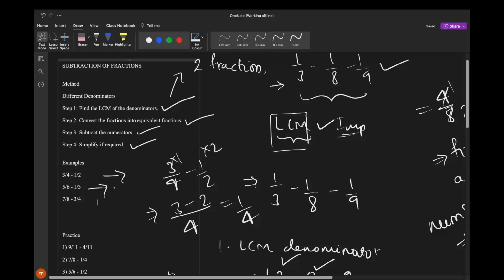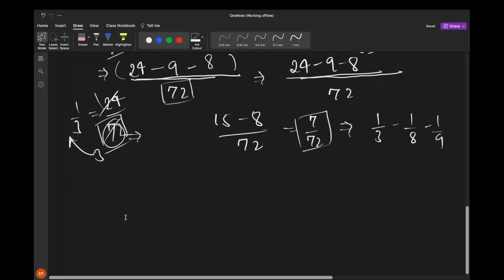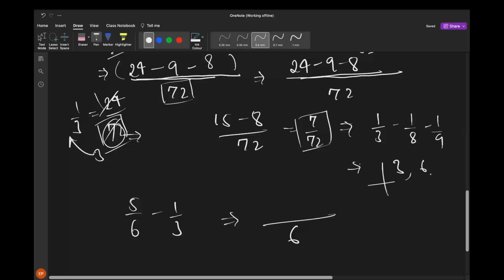And let me solve 5 by 6 minus 1 by 3. First we have to find the LCM, right? The LCM of 3 and 6 will be 6 only, because 3 ones are 3, 3 twos are 6, 2 ones are 2, 2 threes are 6, right? That's why 6 is the LCM.